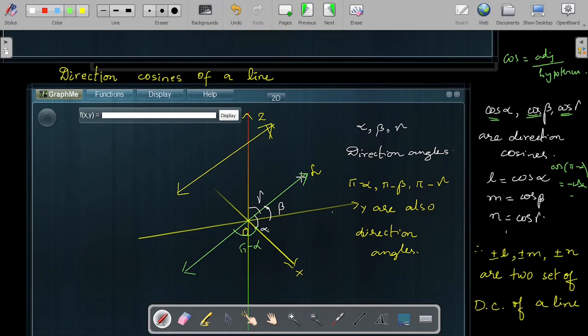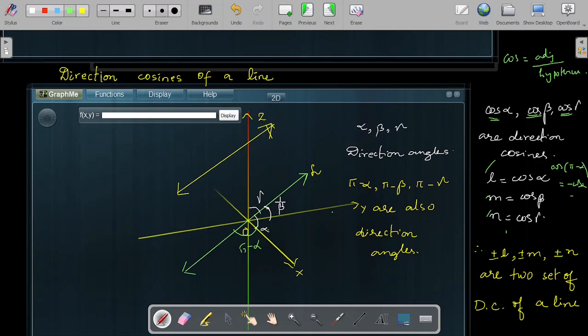Whenever you are referring to the direction of that line, you can refer to the values of L, M, N. Every time, instead of saying it makes an angle alpha with the x-axis, beta with the y-axis, gamma with the z-axis, I can say it algebraically, in terms of direction cosines of a line, L, M, N. That makes your work easier, because measuring angles alpha, beta, gamma is purely geometrical. We are giving some algebraic touch to the geometry to make the study simpler.